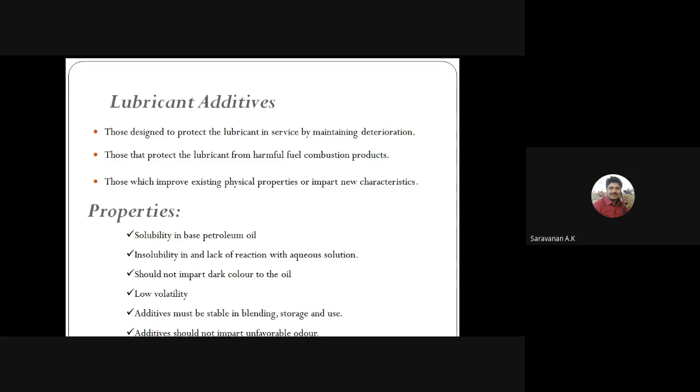Hence we require some chemical compounds and other agents. Those agents are called additives.